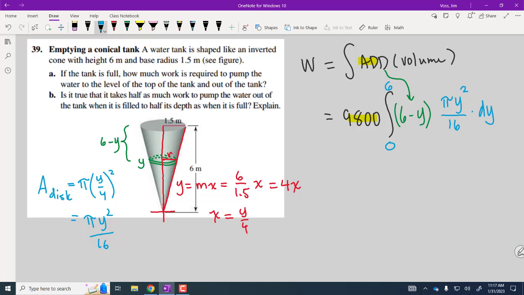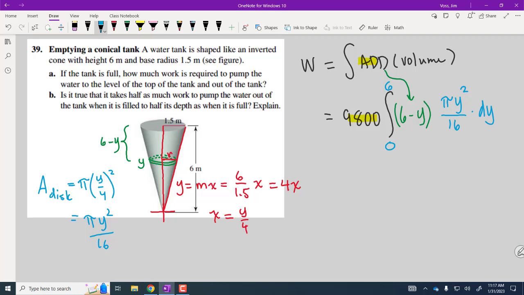We still physically would have slices of water from 0 to 6. It's just that the distance they would travel is 6 minus y if we wanted to go to here, but if we wanted to go out up here, it would be 8 minus y. So the distance traveled for the lowest slice would be 8. The distance traveled for the upper slice would be 2. So it would be 8 minus y instead of 6 minus y.